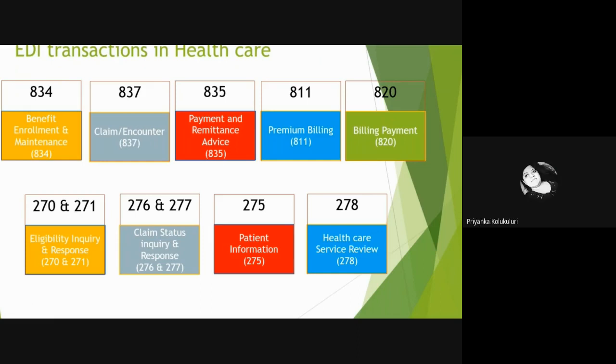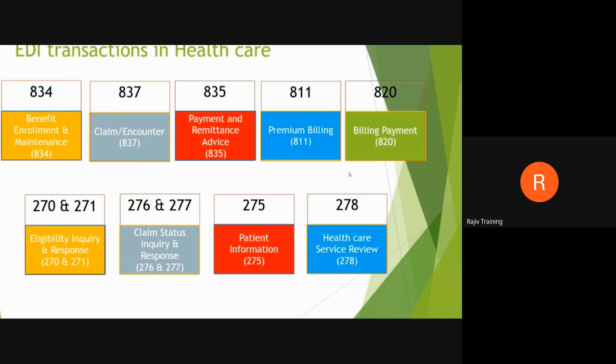I haven't seen these numbers. So are those like transaction numbers? Yeah, these are the organizations in healthcare industry use around 9 to 10 types of HIPAA electronic data interchange transactions.